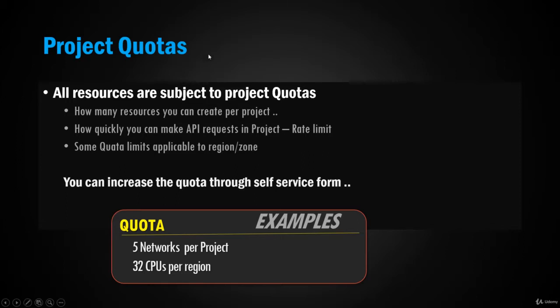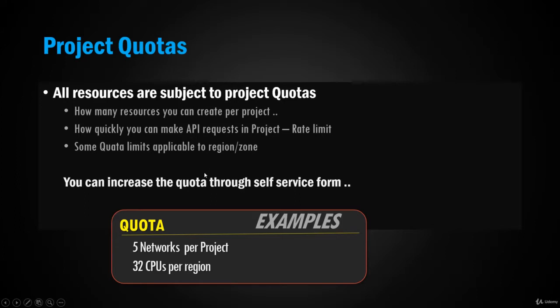So what does quota actually provide us? All resources are subject to project quota. You can have multiple projects for additional quota, or you can request Google to extend the quota for you. In that particular quota, you can define how many resources you can create per project, how quickly you can make API requests in a project, like rate limits, and some quota limits are applicable to the region as well as the zones.